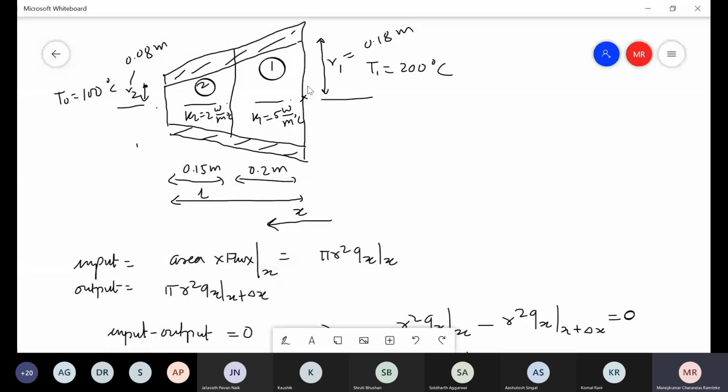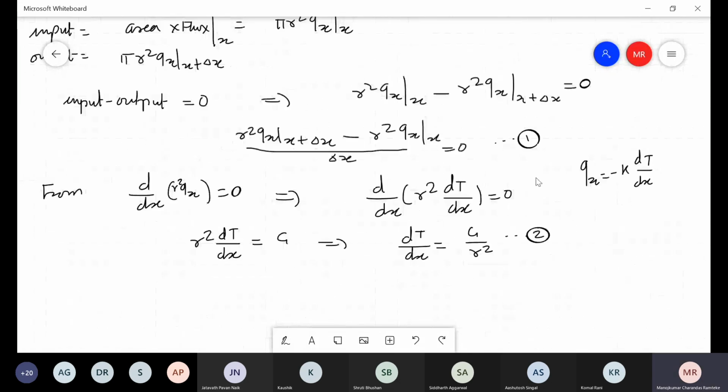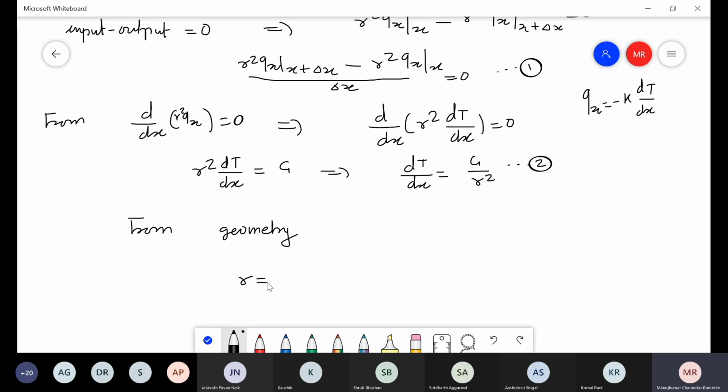These are straight lines, not curves. So from the geometry, the radius at any location x is given as R1, which is the radius on the right hand side, minus (R1 minus R2), the difference between both radii, and this difference takes place over the distance of L, that becomes L1 plus L2.